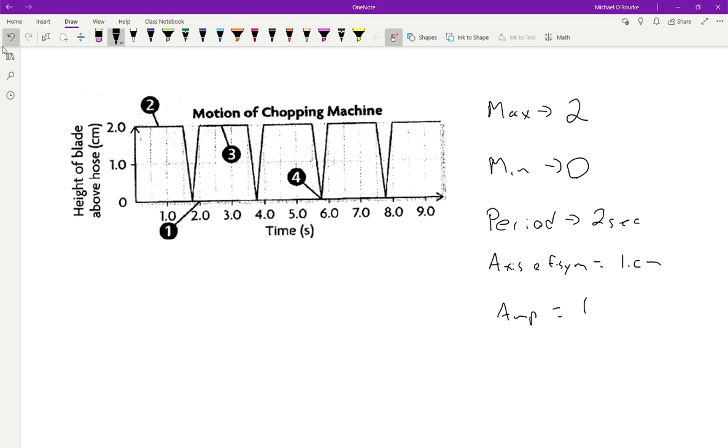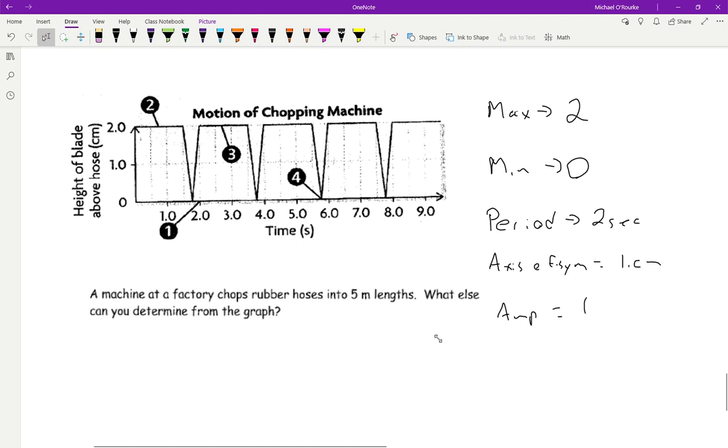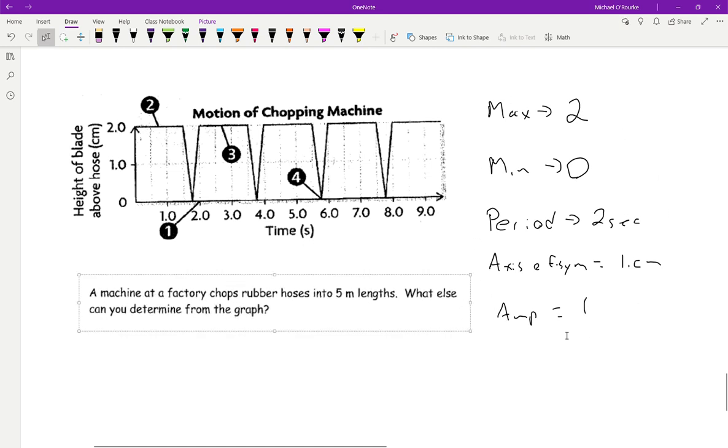Now here's a secondary question for you. We can pull all that information out. That's wonderful, and actually really important. If we can pull this information out every time, it's going to help us because we're going to start mathematically analyzing these, applying formulas to them and adjusting them. So this is a machine at a factory that chops rubber hose into 5-meter lengths.